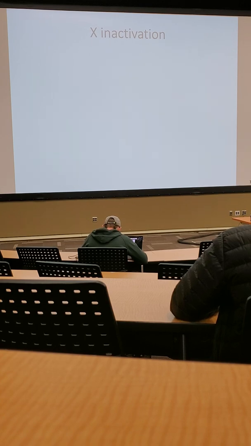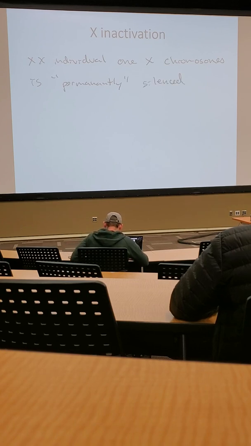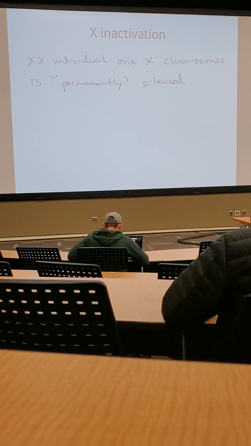So what is the phenomenon of X inactivation? So in an XX individual, one of the X chromosomes is silenced. So your book says permanently, but nothing in biology is permanent. If it helps you to think about that, that's fine.